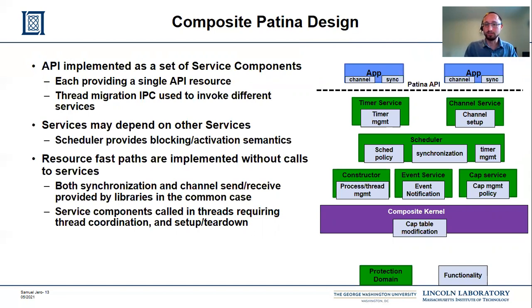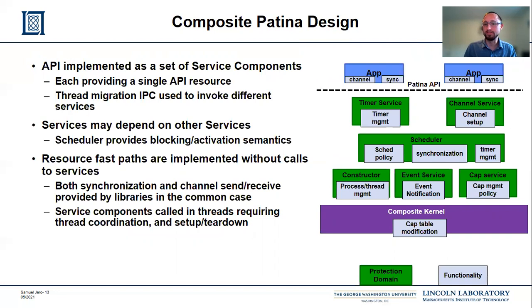Much like our SEL4 implementation, each of these components really provides mainly a single API resource. And then we use IPC, in this case thread migration-based IPC, to invoke different services. Also, similarly, these services may depend on other services. So the scheduler provides all blocking and activation for the entire system.